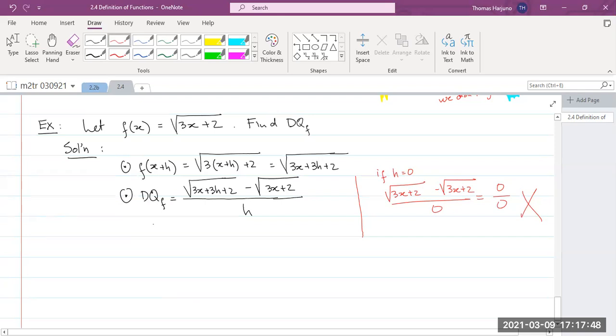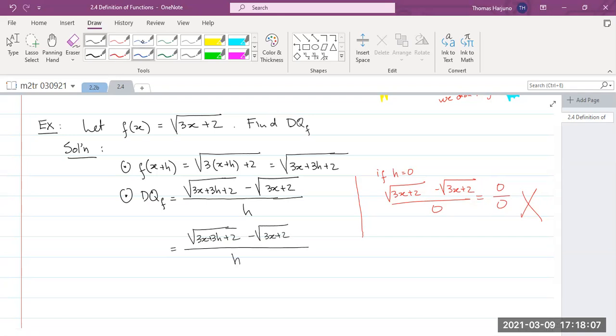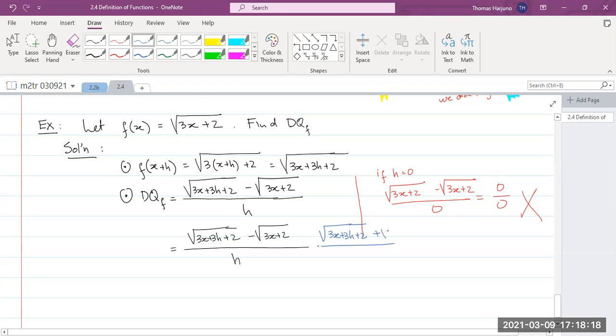Okay, what should we do then? We will multiply by the conjugate of the numerator. So I multiply the top and the bottom by the square root of 3x plus 3h plus 2 plus the square root of 3x plus 2. Do likewise on the denominator.